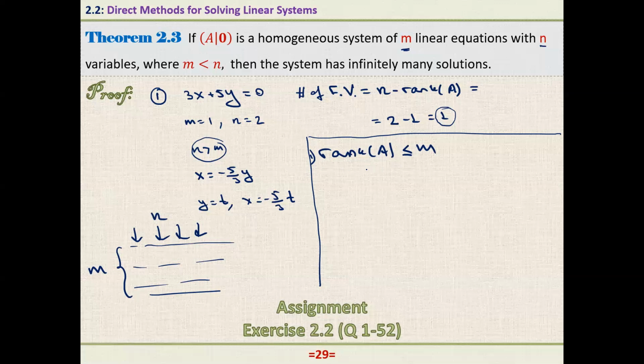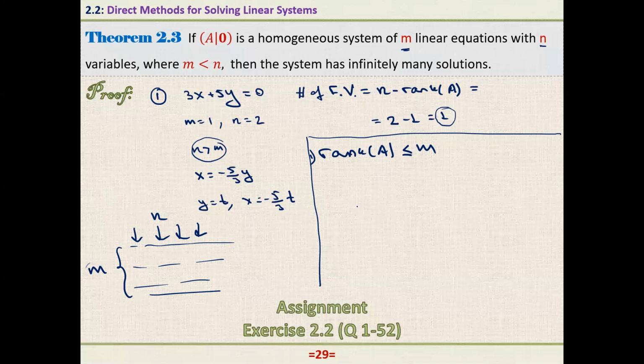How did they define this rank? Rank is the number of non-zero rows in the row echelon form of the matrix. So since we have m rows, how many non-zero rows can we have here? Maximum m. So it is either less than m or equal to m. That's why the rank of A must be less than or equal to m.